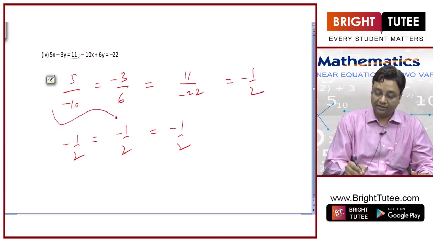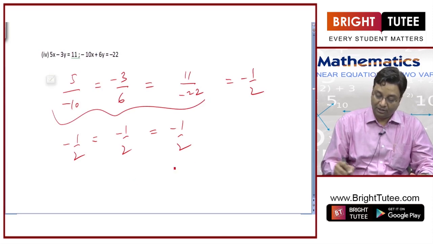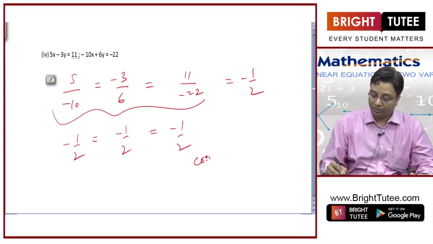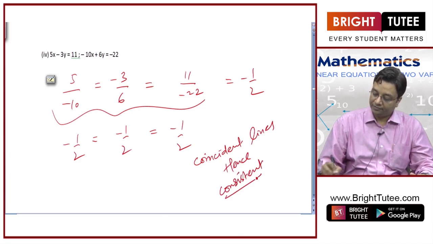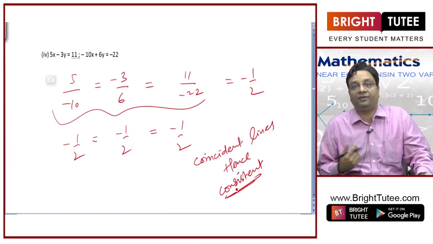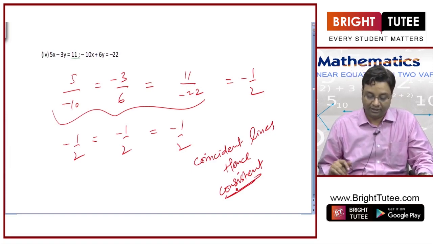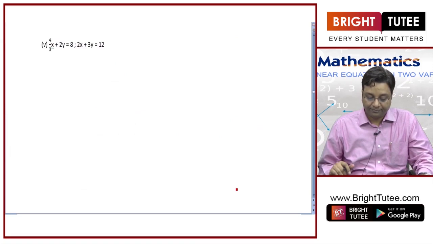So these lines are coincident lines, hence consistent. Why? Because these will give us infinite number of solutions, so consistent.